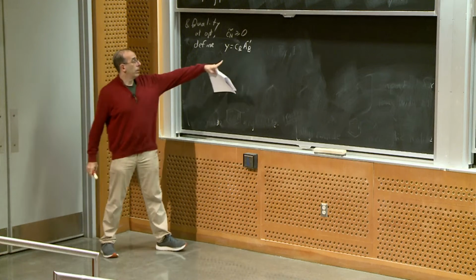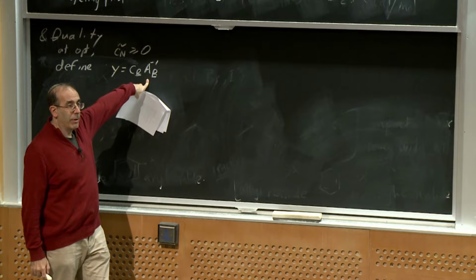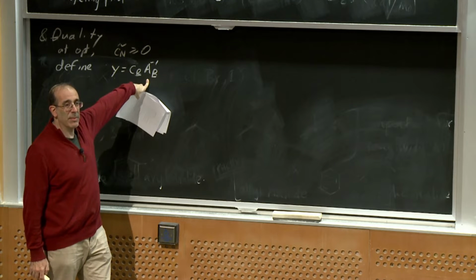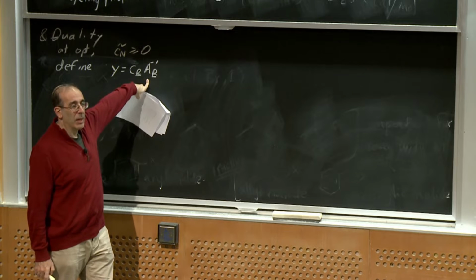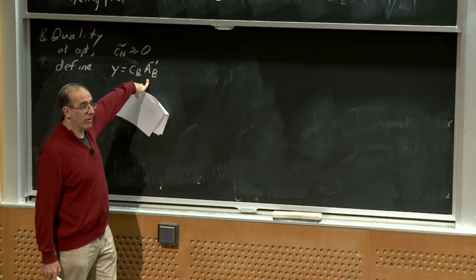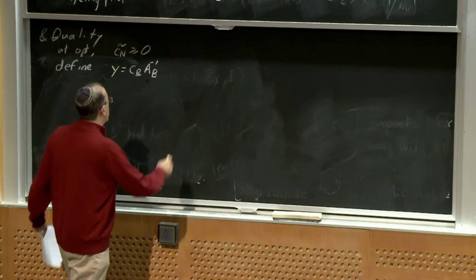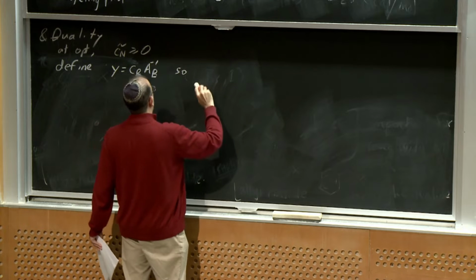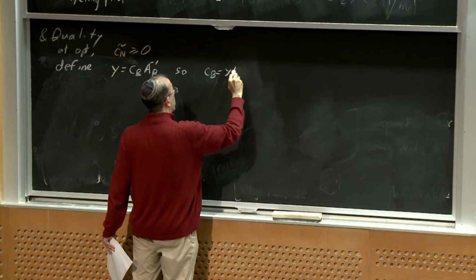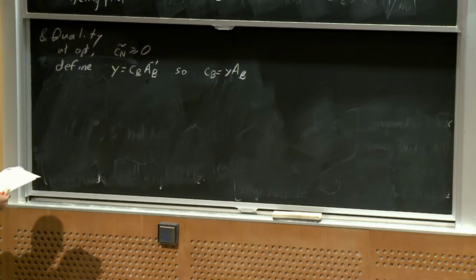Remember, AB is a square matrix of the column vectors corresponding to the basic variables, and we argued that it's full rank, so it's invertible. We multiply that by the vector CB. So of course CB is equal to y times AB, just by definition.